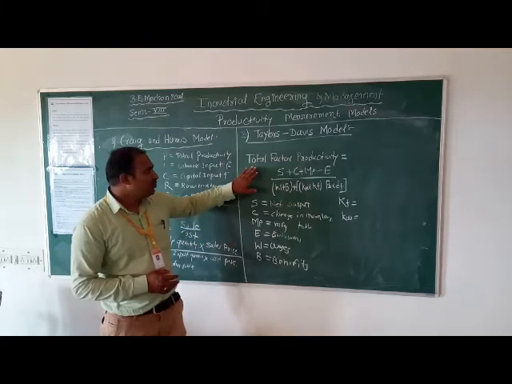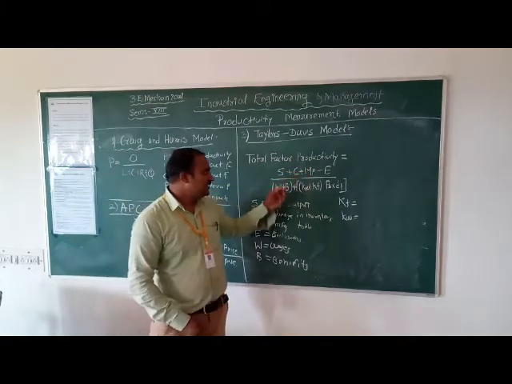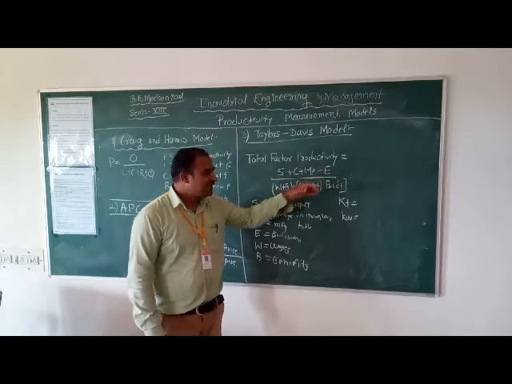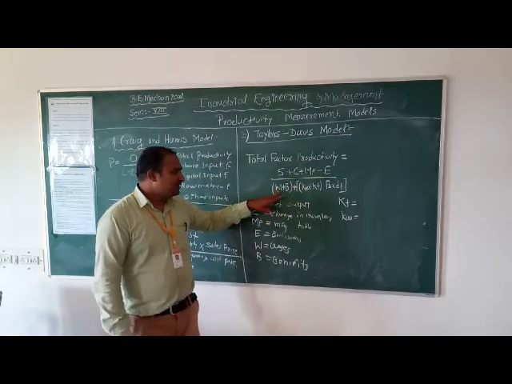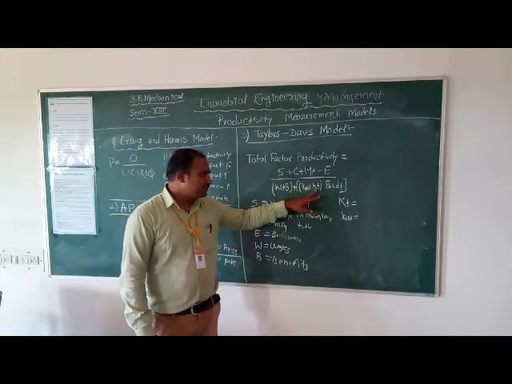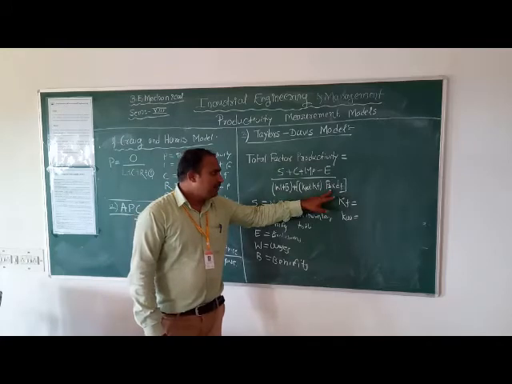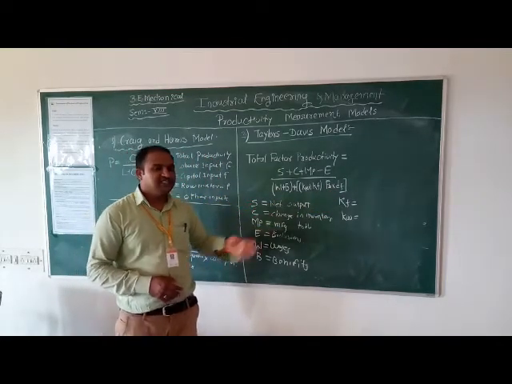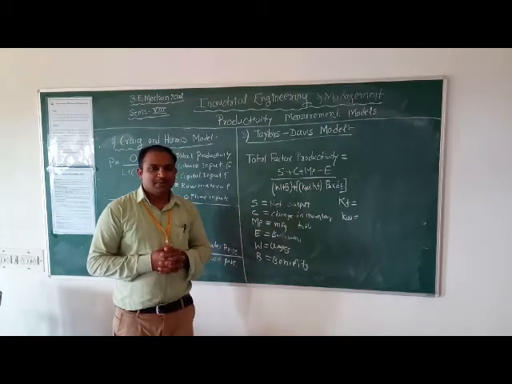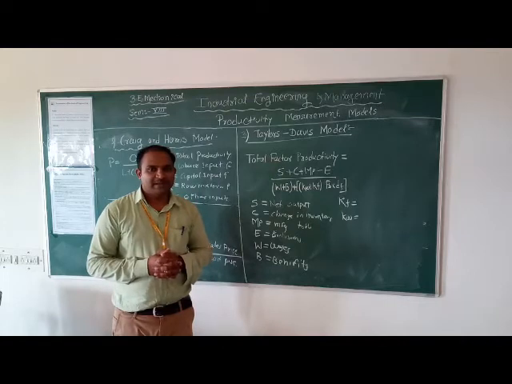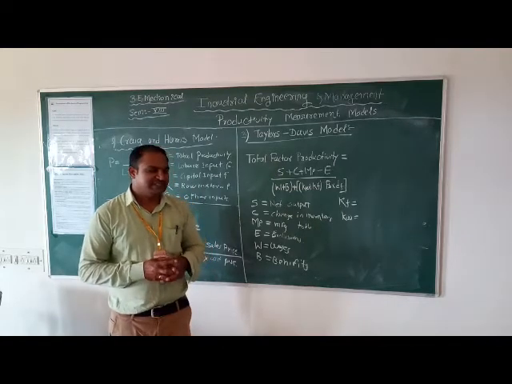So the formula for total factor productivity is S plus C plus MP minus E divided by, in brackets, W plus B plus KWF into KF into FB and DF. Here S is the net output, which is calculated as total output minus material and other services.